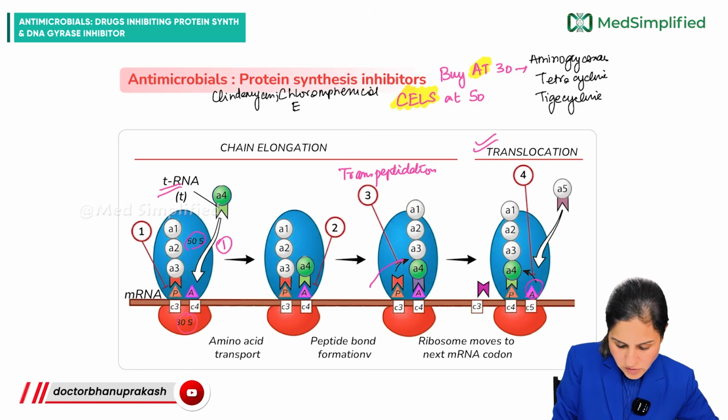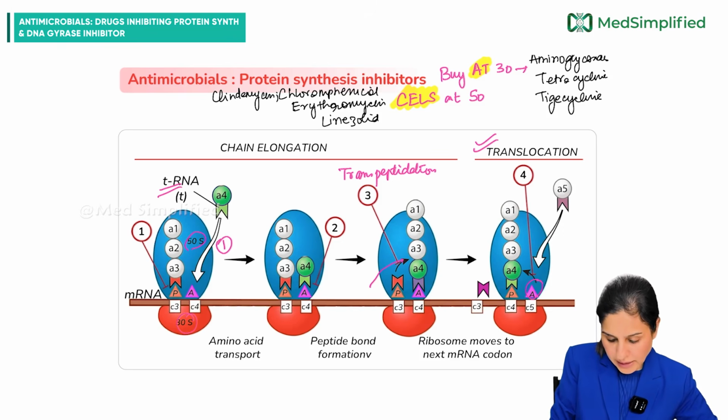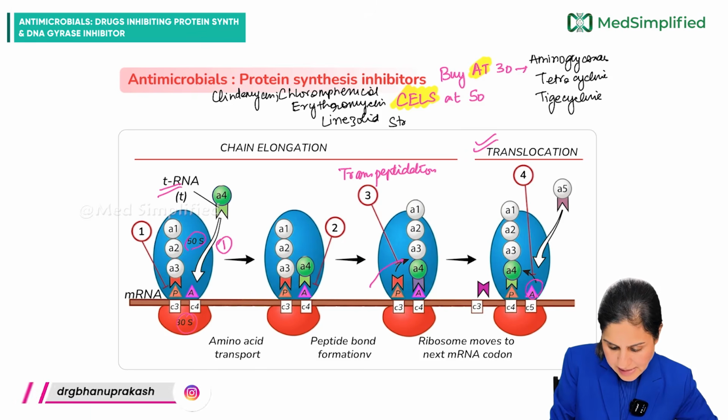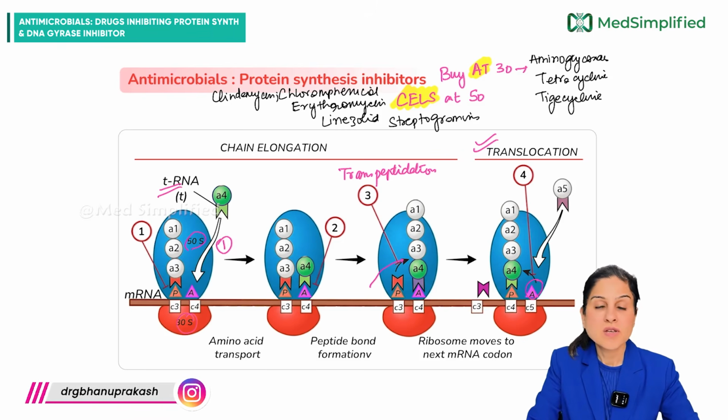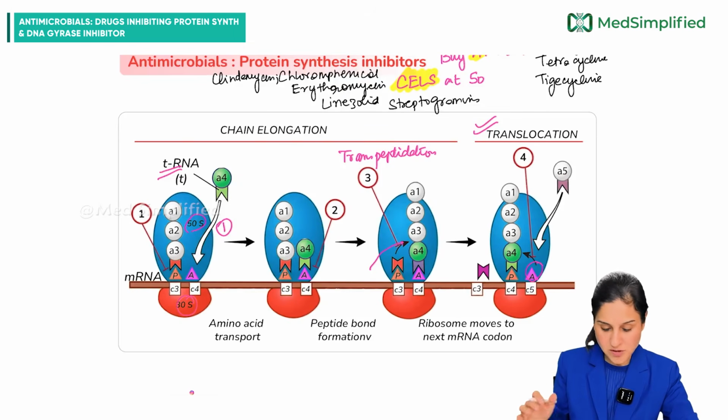Then E stands for erythromycin and the other macrolides. L stands for Linezolid, and S stands for streptogramins. So here we have the target site, whether it is the 30S or the 50S ribosome.